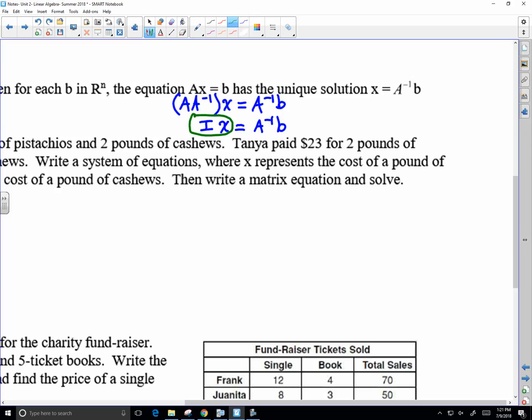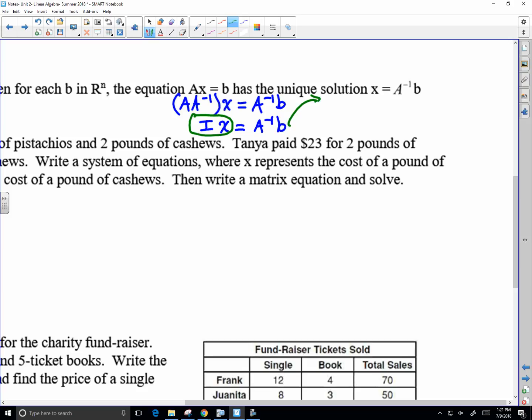And then a definition of an identity would be that object maintains its identity through multiplication, but I would also add to that only when it makes sense to. So this is only equal to X when the dimensions of the two matrices dictate that that multiplication is possible, right?